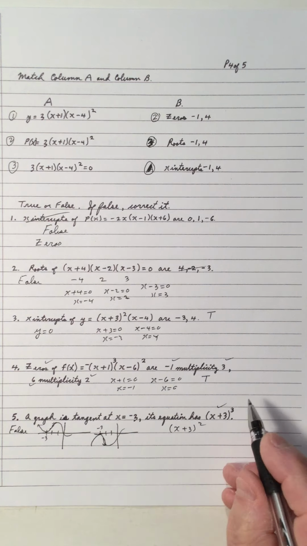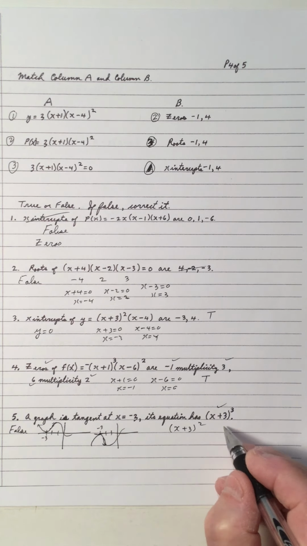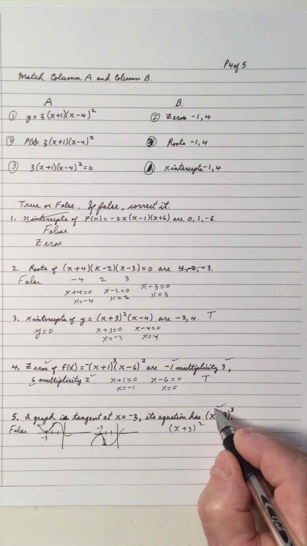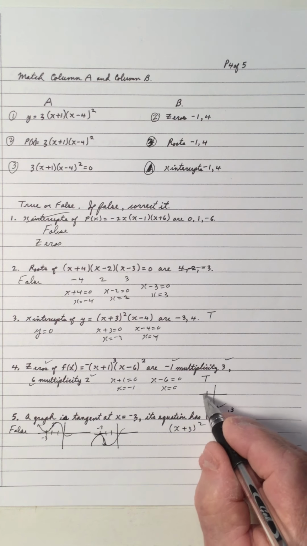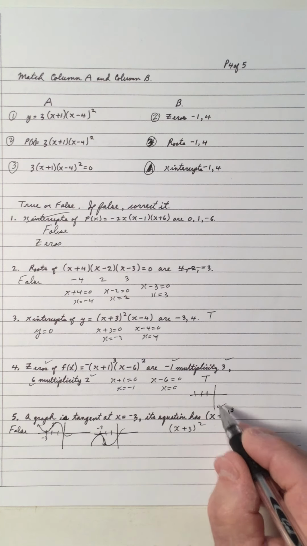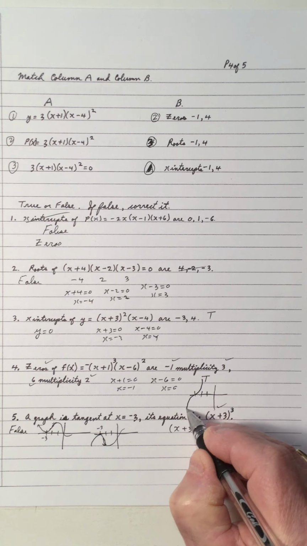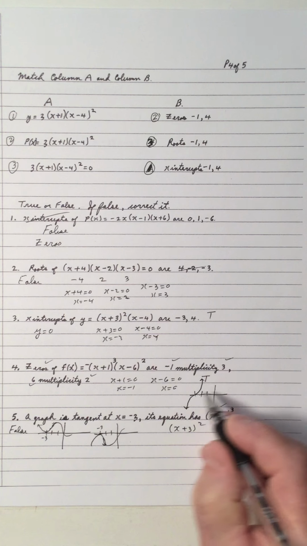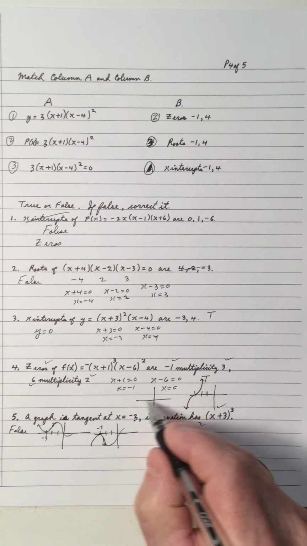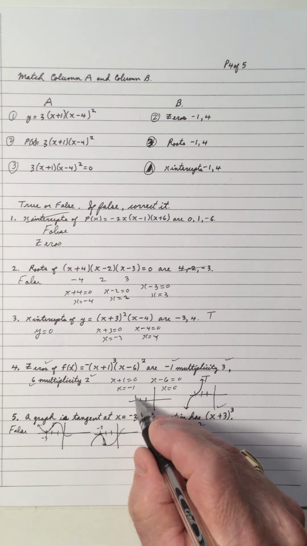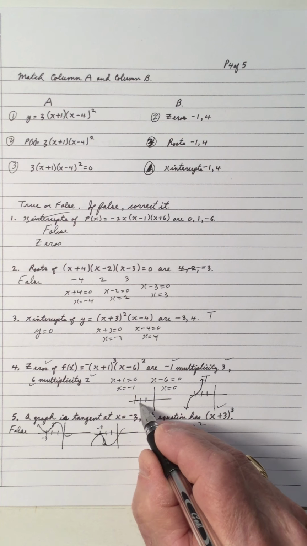It's a parabola. And if we had a cube at -3, a cube would have been a sideways S like this at -3, or it would have gone the other way, going down, coming up like this at -3.